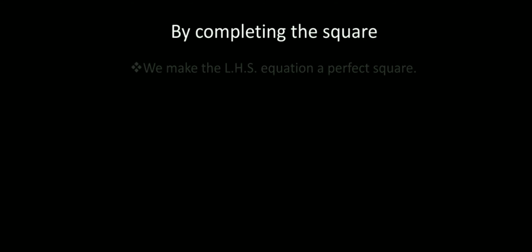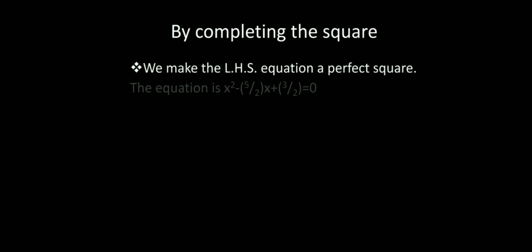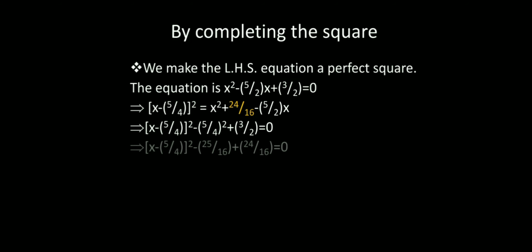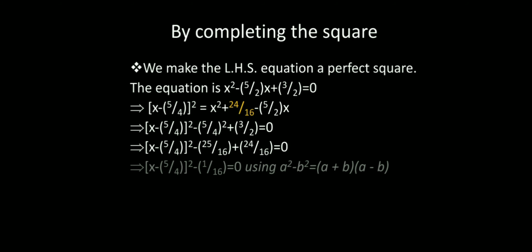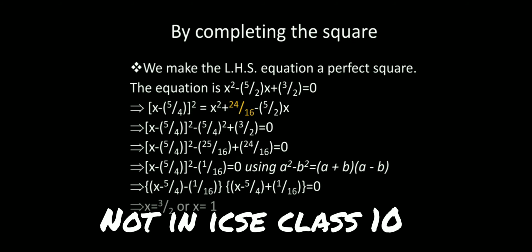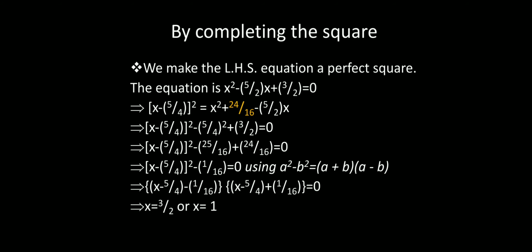By completing the square. Now here we have to make the equation such that it is in the form of a square minus b square, so that we can write it in the form of a plus b, a minus b. So we got the same equation, x square minus 5 by 2x plus 3 by 2 equals 0. Now what we did, we said x minus 5 by 4 whole square is equal to x square plus 25 by 16 minus 5 by 2x.